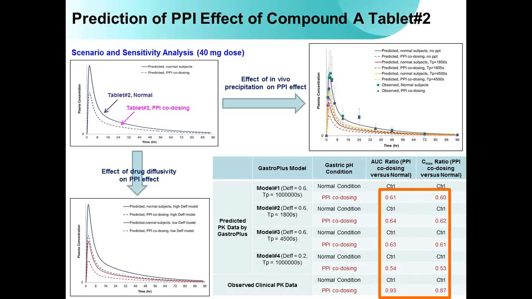So the model at least pointed us to the right direction as we advance this enabling formulation, which is tablet 2, to the clinical study. So overall, this case study demonstrates the utility of the absorption simulations in assessing the PPI effect on clinical bioperformance of various formulations, which is also helpful for further prototype formulation development.